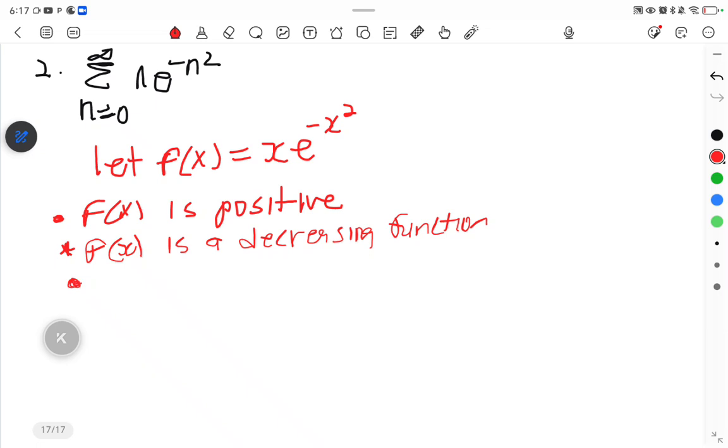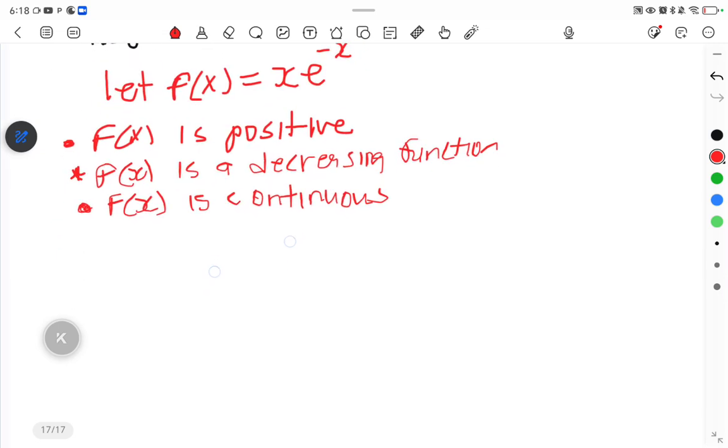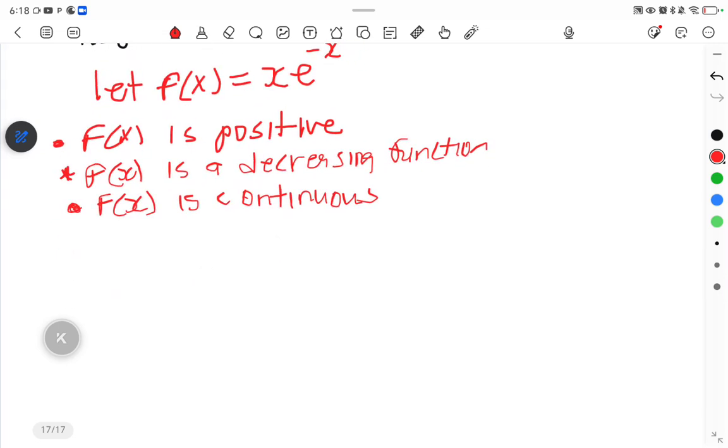If I plug in from 0, I realize that there's no way I'll get undefined. So I have to specify the interval. You can say that f of x is continuous, you see, right? So it's continuous.